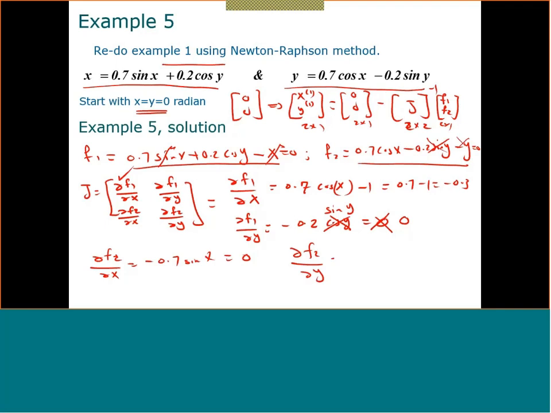This becomes equal to 0, and this becomes minus 0.2 cosine y minus 1, and this is equal to minus 1.2.